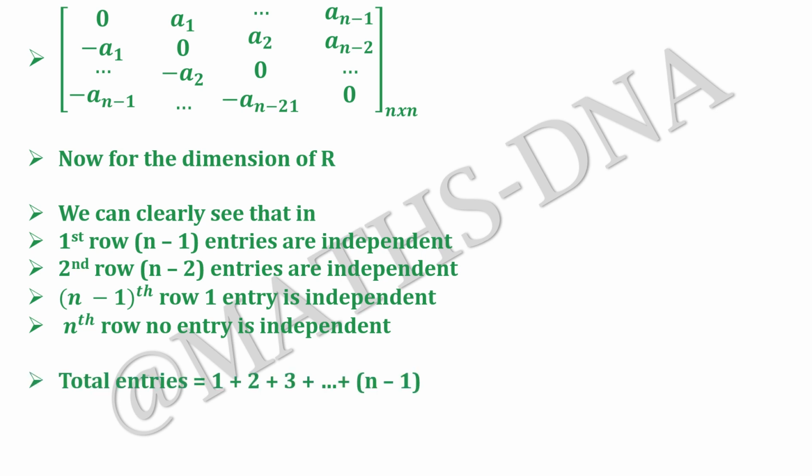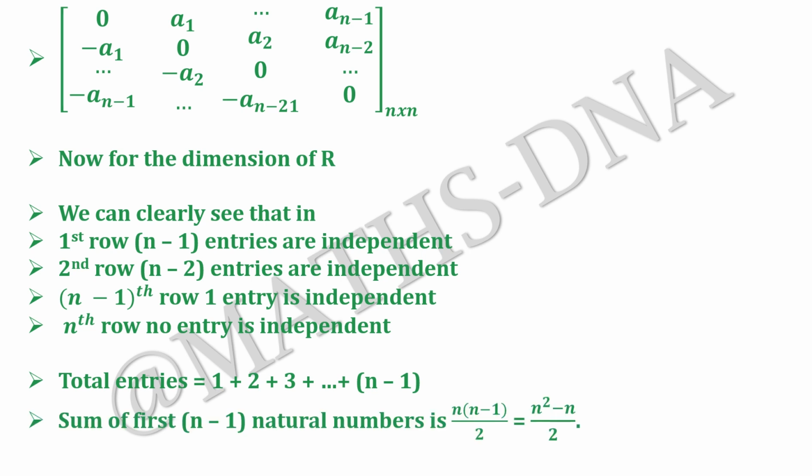So here we get total entries as 1 plus 2 up to n minus 1, and we know that the sum of the first n minus 1 natural numbers is n into (n minus 1) by 2. This gives us the dimension of the skew-symmetric matrix R, that is (n square minus n) upon 2.